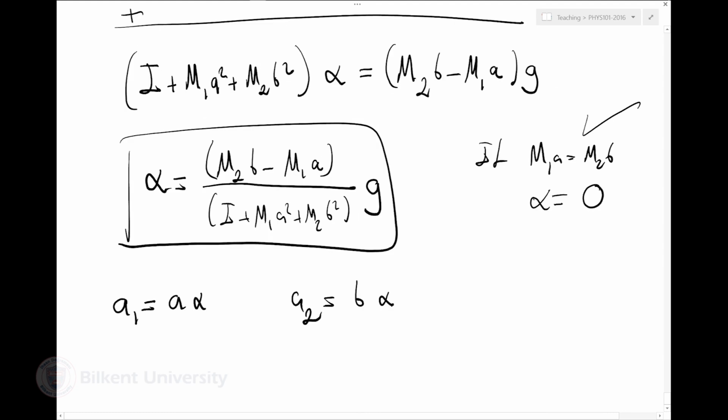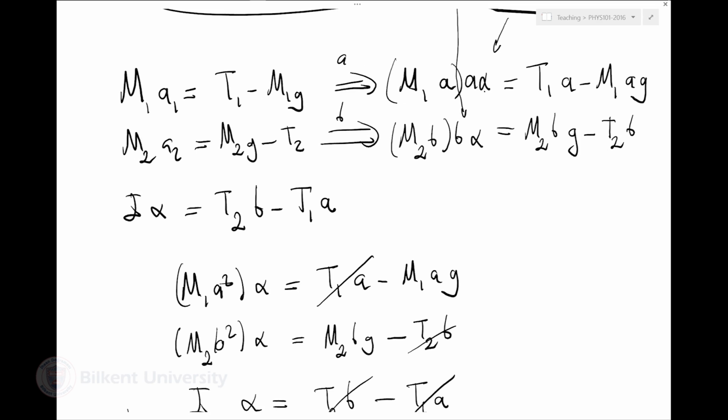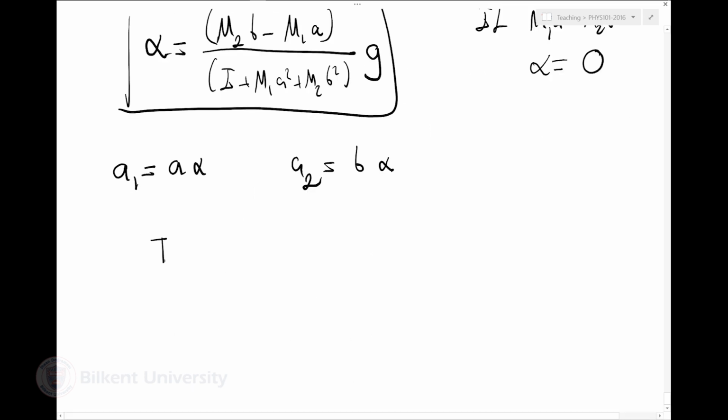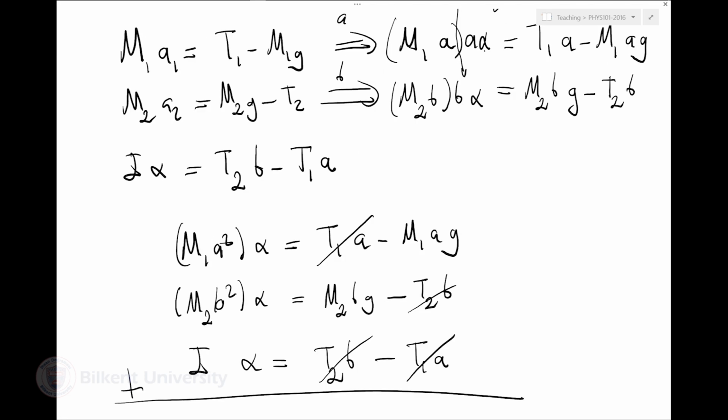How about the tensions in the rope? Well, T1 would be m1g plus m1a1, from the first equation.